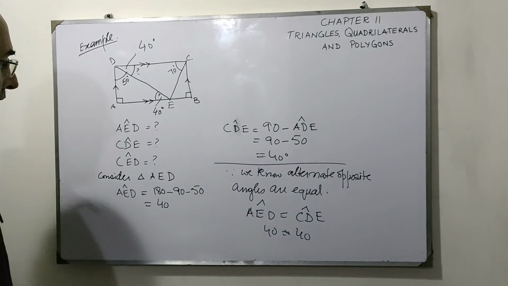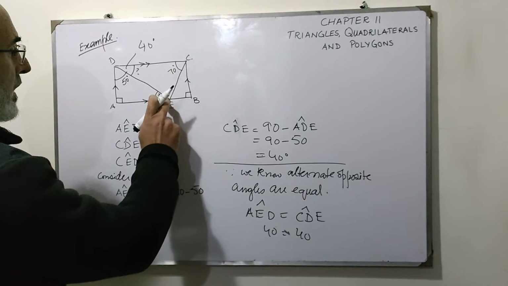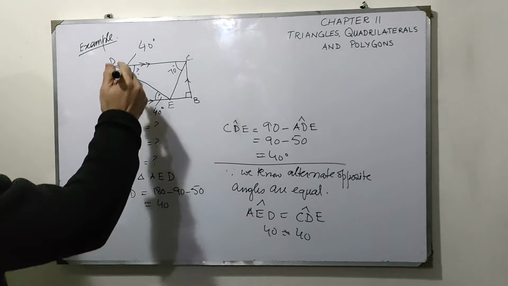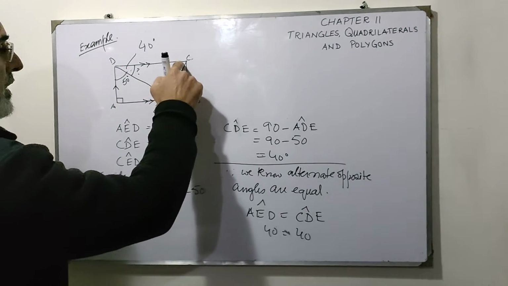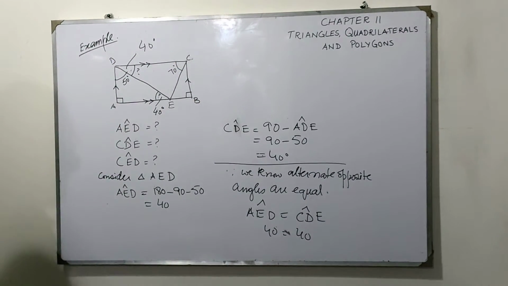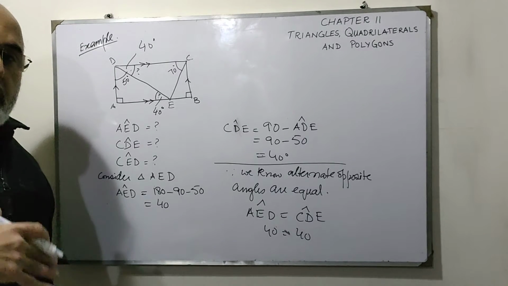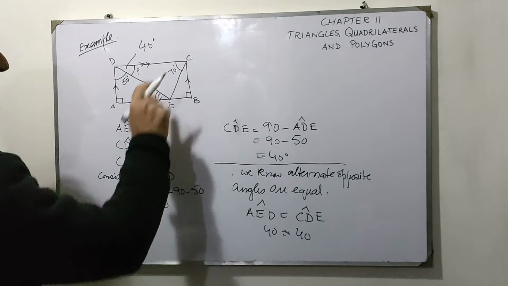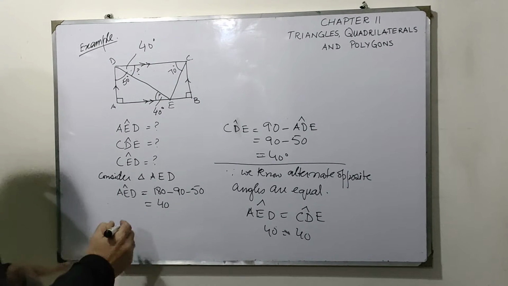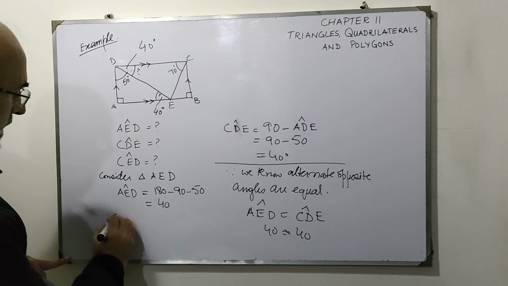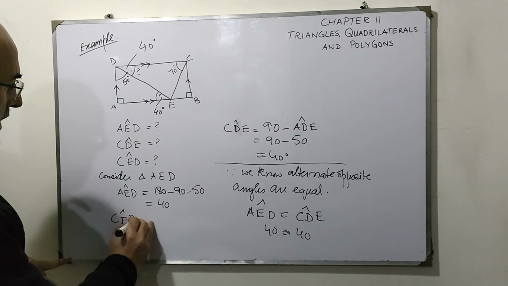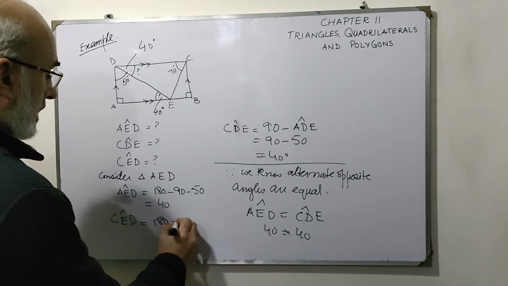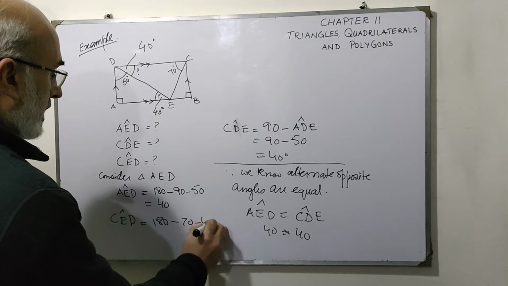Okay. Now finally we have to find CED. Since this is 40, now this is 70. So it is simple. Again, interior angles of a triangle, because this CDE is a triangle. So CED is equal to 180 minus 70 minus 40.